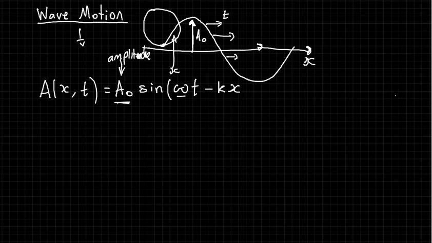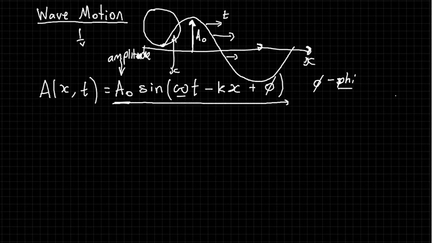It's called the angular velocity, and that is the time component, and we'll subtract off another constant k times x, which is our x variable, and we'll add on to that what's called a phase factor, and this is the Greek symbol phi, and it basically tells us where the wave starts.